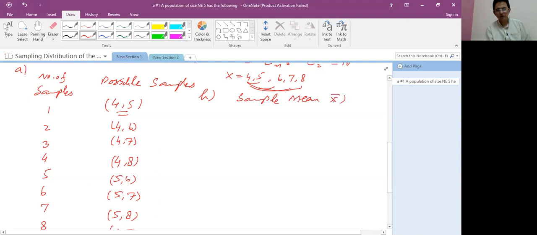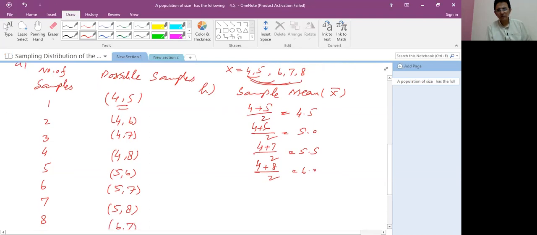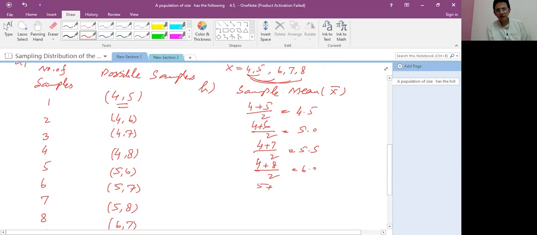If we add both of them and divide by 2, 4 plus 5 is 9 over 2, it means 4.5. 4 plus 6 divided by 2 is 5. 4 plus 7 is 11, 11 upon 2 is 5.5. 4 plus 8 divided by 2 is 6. 5 plus 6 is 11, 5.5.